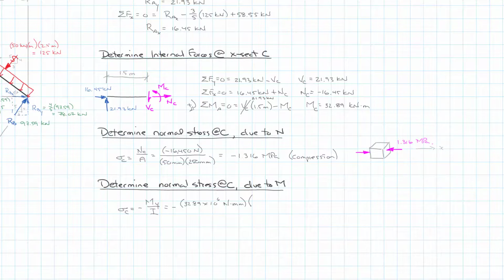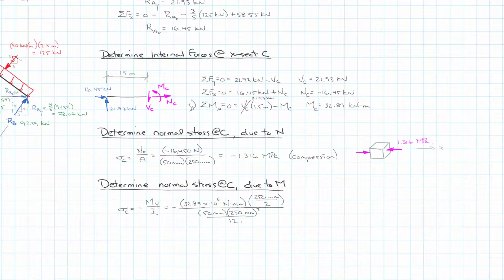Our y is half the height, or 250 millimeters divided by 2, times 50 millimeters times the height, which is 250 millimeters, cubed, divided by 12. So that's the formula for I for a rectangle, bh cubed over 12.